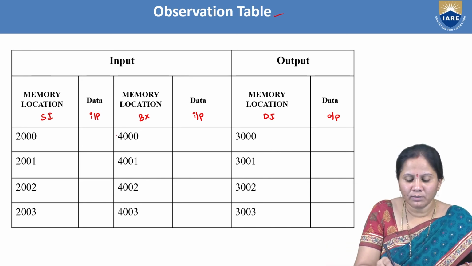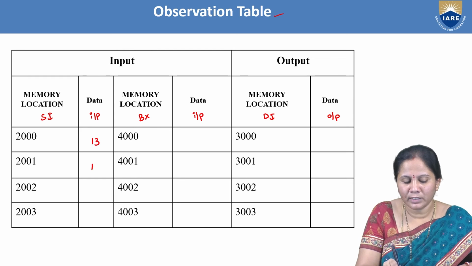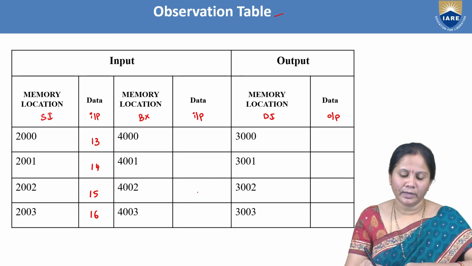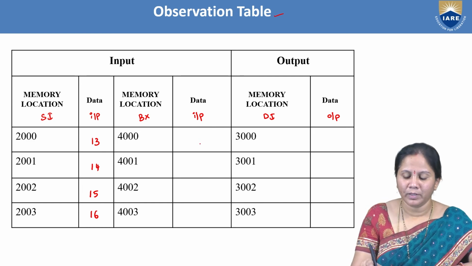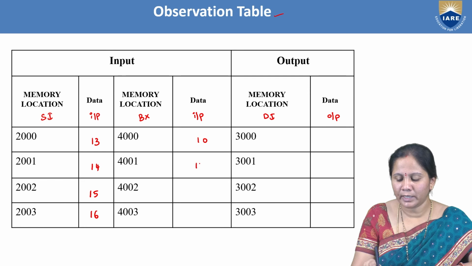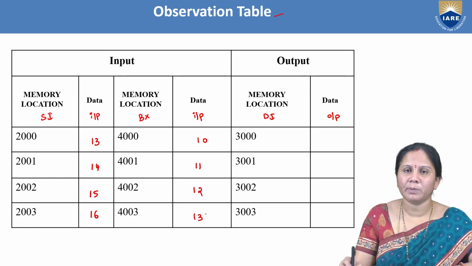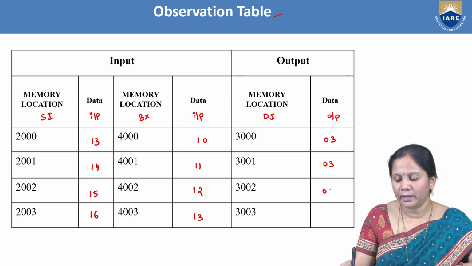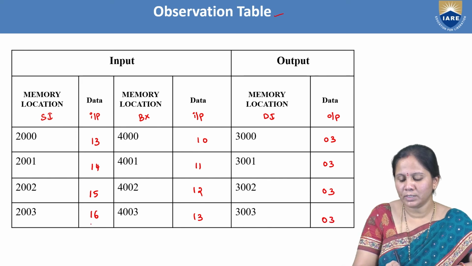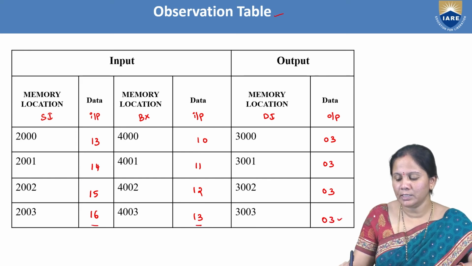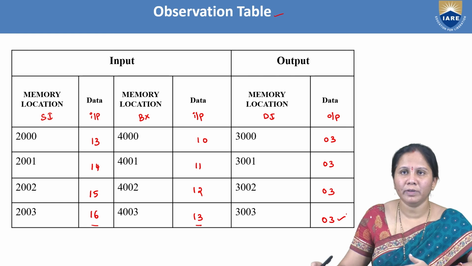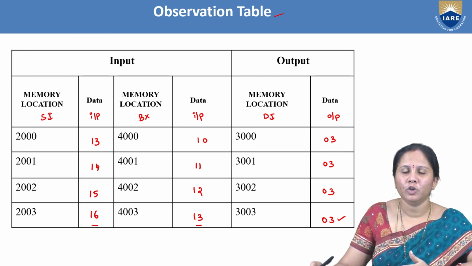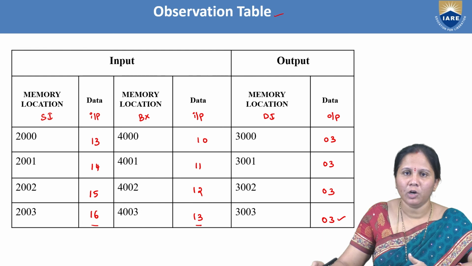So in 2000, we can take some inputs like 13, 14, 15 and 16. And in the 4000 location, we can take another set of inputs like 10, 11, 12 and 13. After performing the subtraction operation, the result will be stored in DI. So 16 minus 13 is 03. So this is how we have to write the assembly language program to perform the multi-byte subtraction operation.